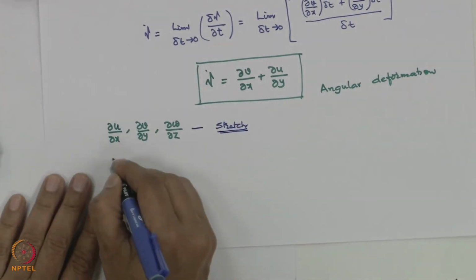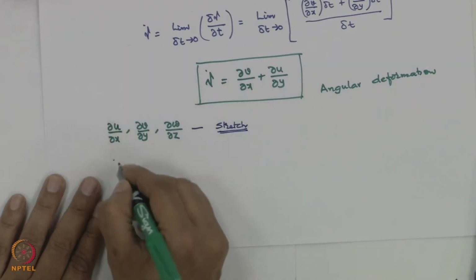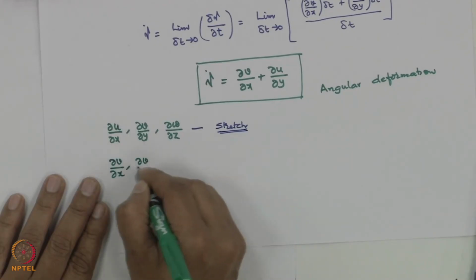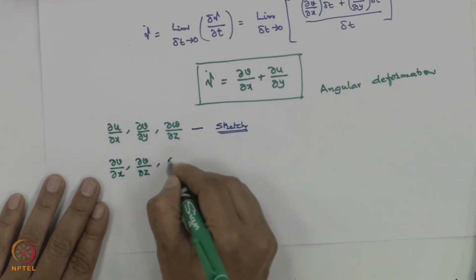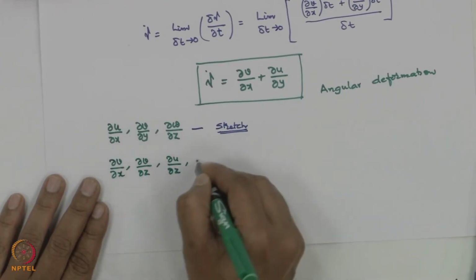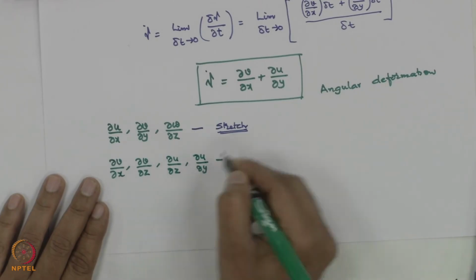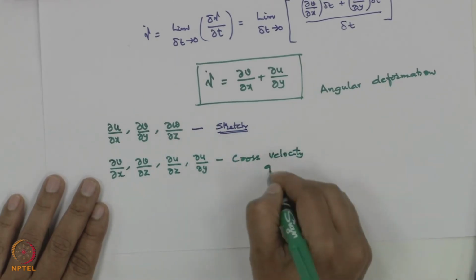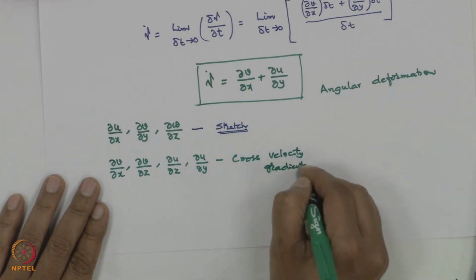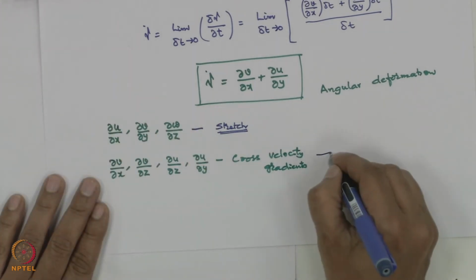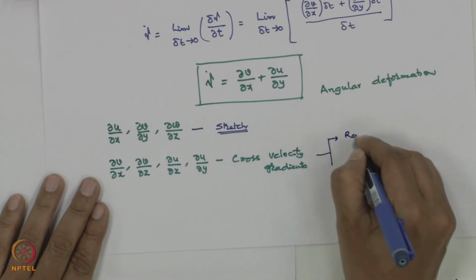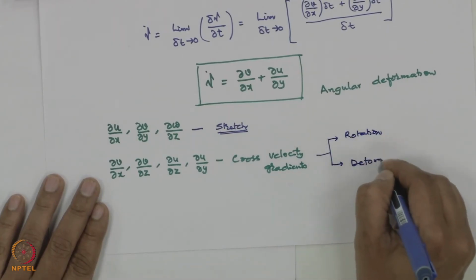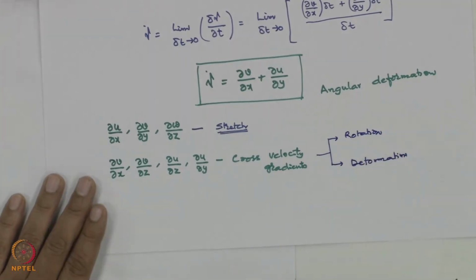Now if I write del v by del x or del v by del z, or del u by del z or del u by del y, these are cross velocity gradients. Cross velocity gradients may result in either rotation or angular deformation, depending on their values, whether they are positive, negative, or equal to each other.